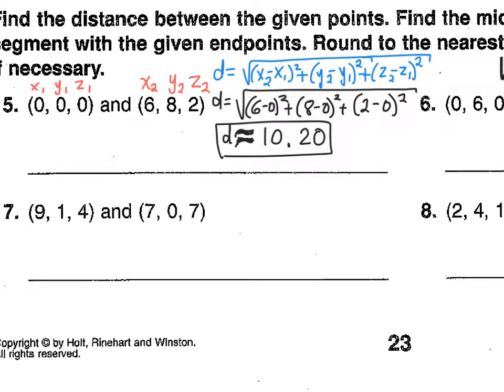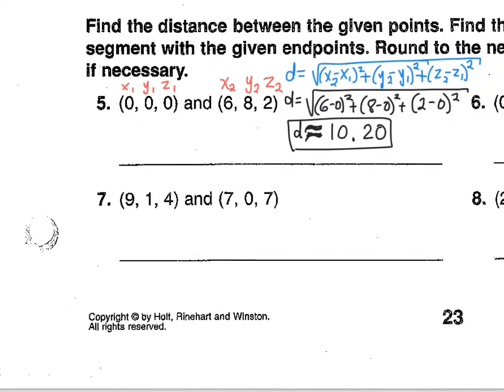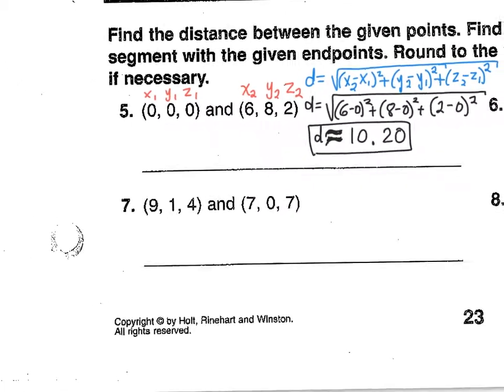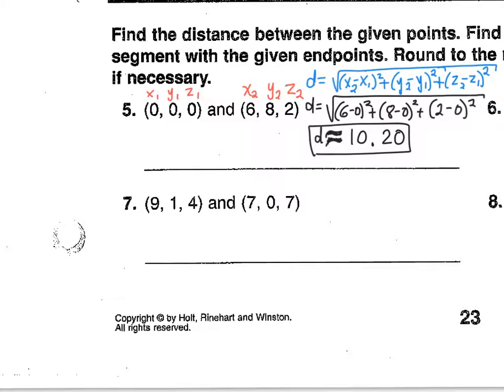So now, the midpoint. Well, the midpoint is basically the same formula that we've been using. We're just adding a third coordinate, which is the z. So the midpoint formula, m equals, we add the x's, we divide that by 2, comma, we add the y's, y sub 1 plus y sub 2 divided by 2, comma, and then we add the z, so it's z sub 1 plus z sub 2 divided by 2.